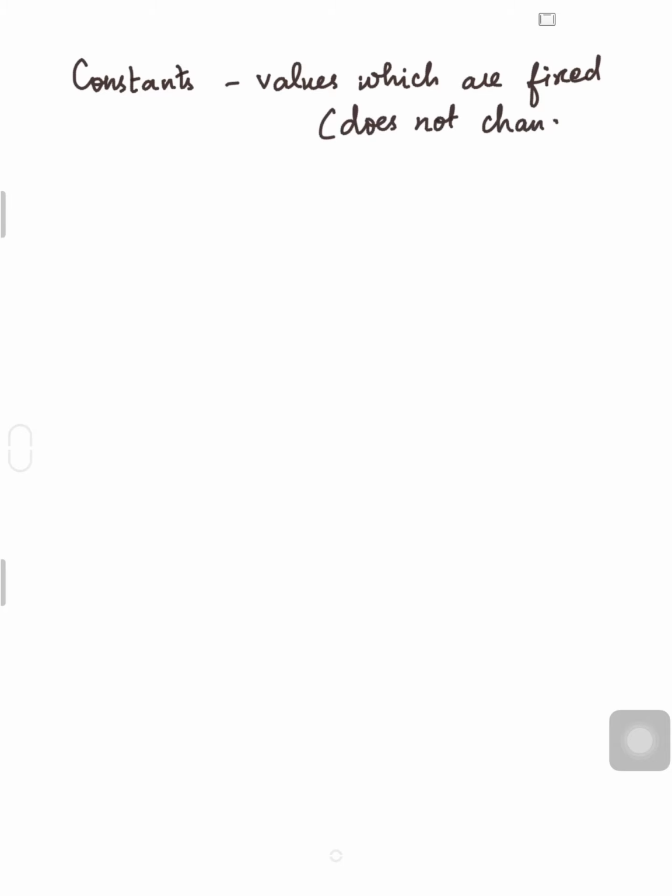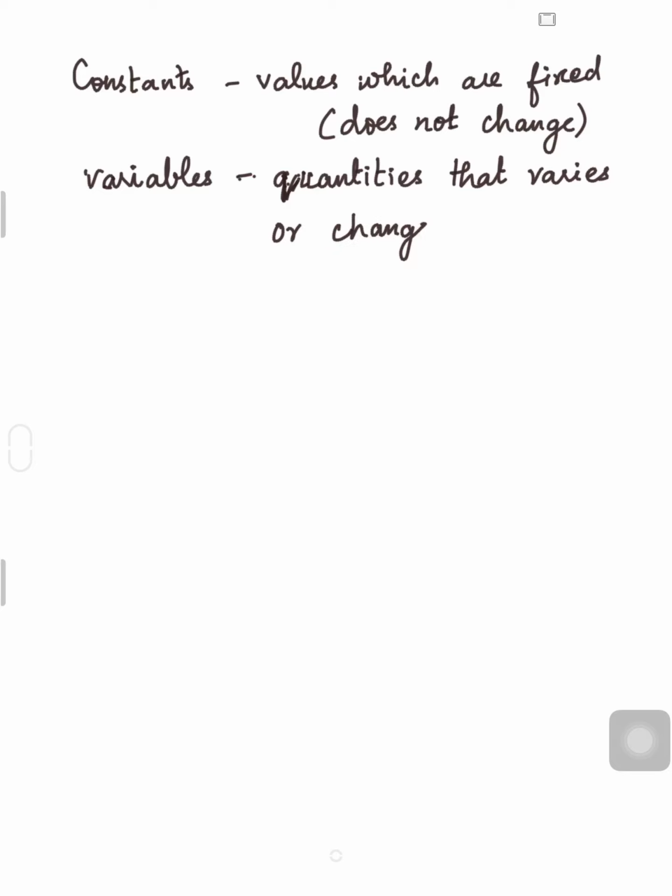Yes, constants are nothing but values which are fixed or which do not change, whereas variables are quantities that vary or change according to the situation or the problem.